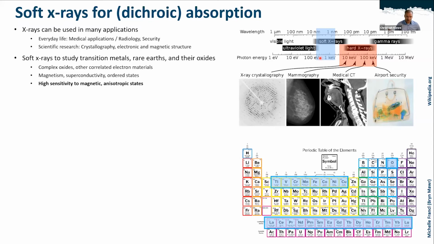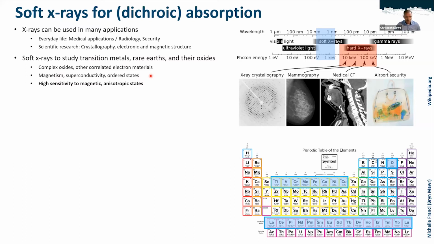And in our case, soft X-rays are especially useful for us when we want to study transition metals, rare earths, and their oxide materials. Like, for example, if we want to look at complex oxide and correlated electron materials, that's where soft X-rays really shine.